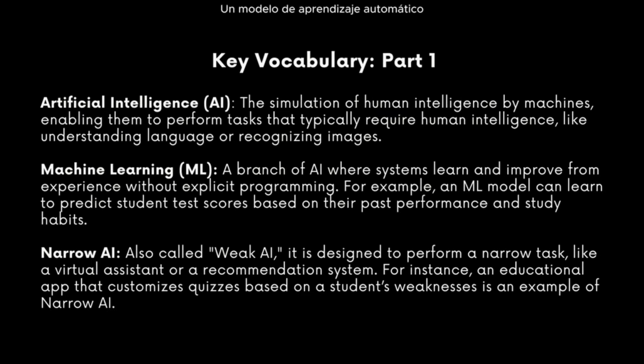For example, a machine learning model can learn to predict student test scores based on their past performance and study habits. Narrow AI, also called weak AI. It is designed to perform a narrow task, like a virtual assistant or recommendation system. For instance, an educational app that customizes quizzes based on a student's weaknesses is an example of narrow AI.